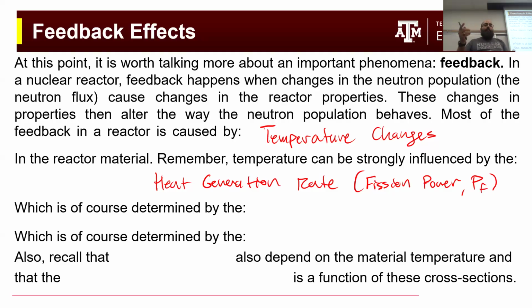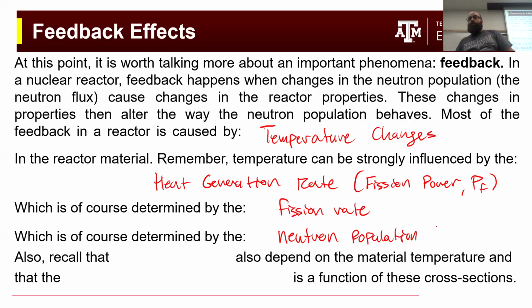My fission power is determined by the fission rate, and the fission rate is determined by the neutron flux and my neutron population, which also depends on the neutron flux.